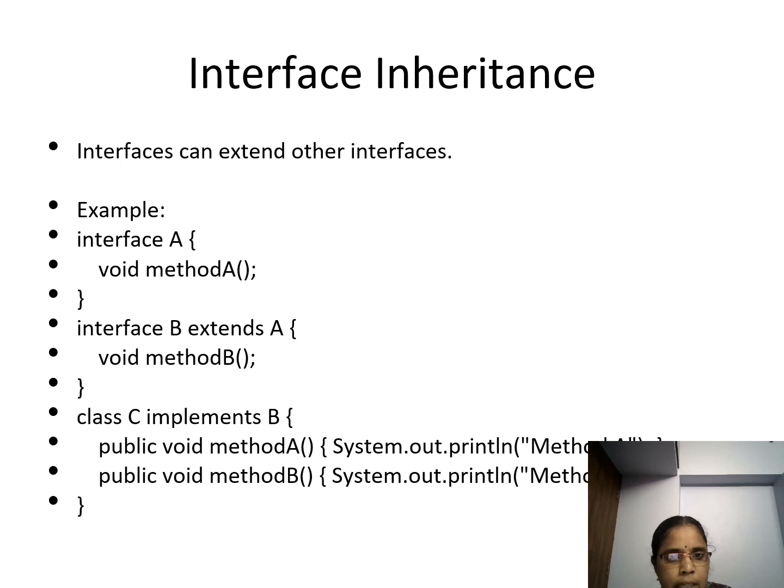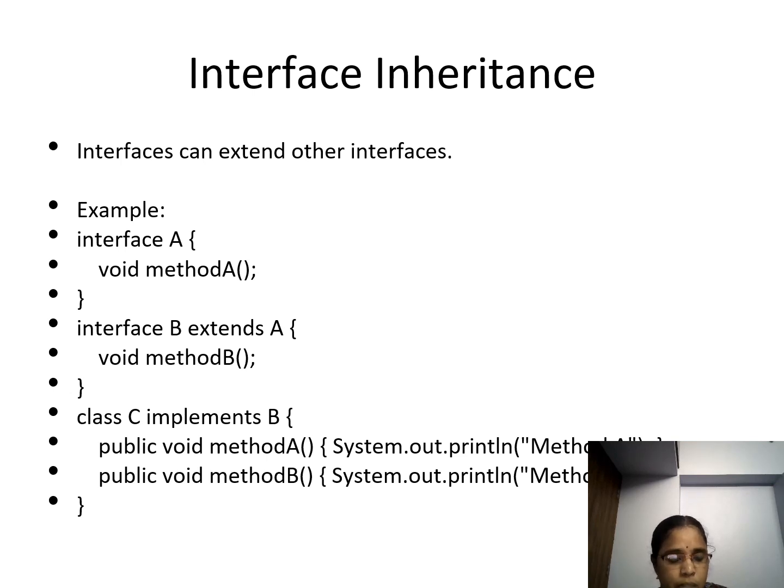Interfaces can extend other interfaces also. Here we are having two interfaces, interface A and interface B, where interface B extends interface A. Interface A consists of method A, and interface B, which extends interface A, consists of method B. And we are having a class.